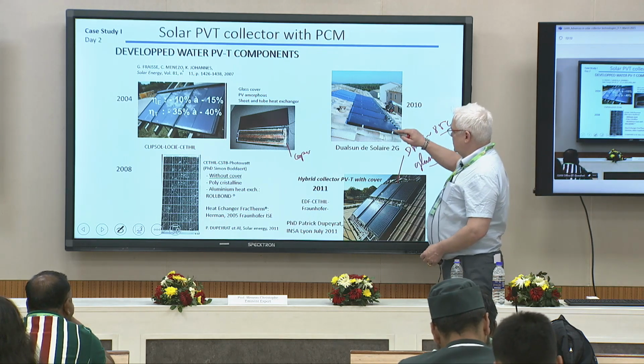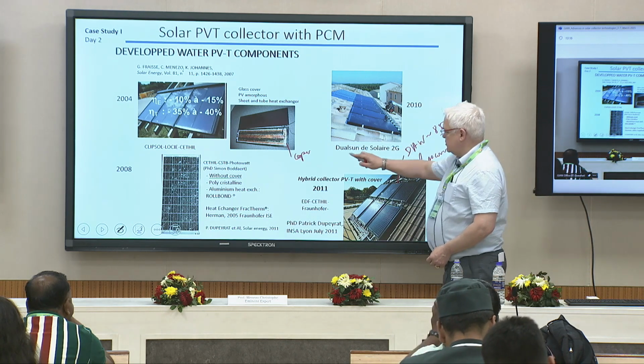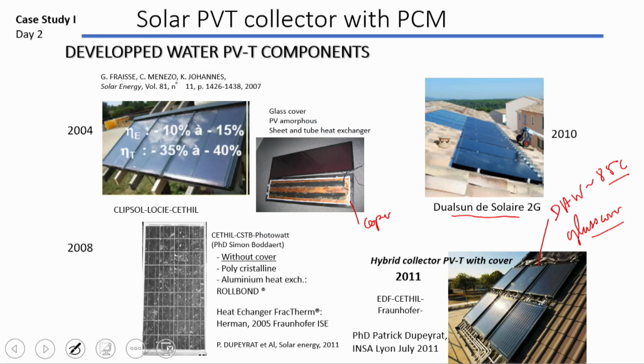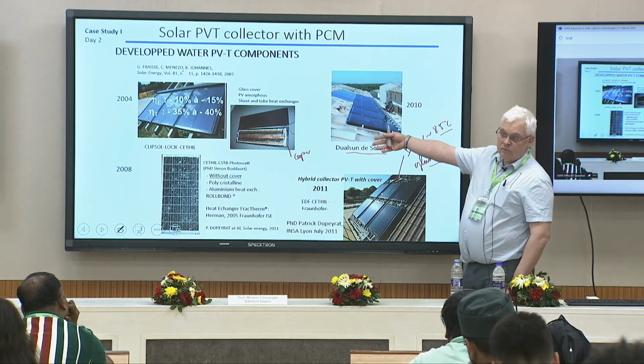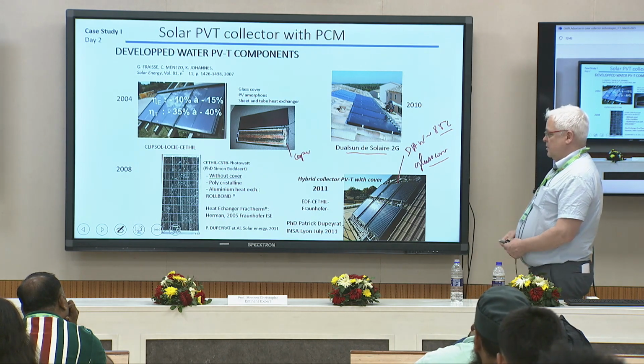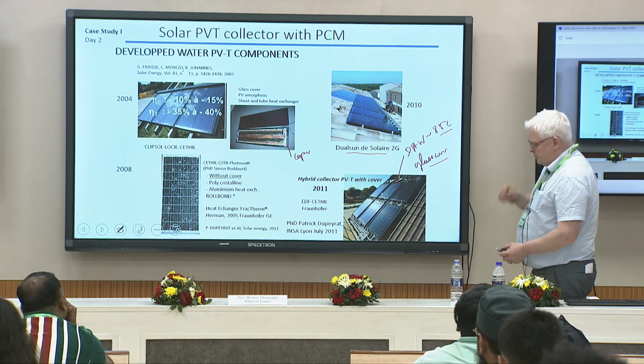So we also worked with this company, Dualsun, which manufactures PVT uncovered industrially in France. The principle of the heat exchanger is more or less the same without cover, and they were selling that for heat pump coupling and heating swimming pools. It is still the case.